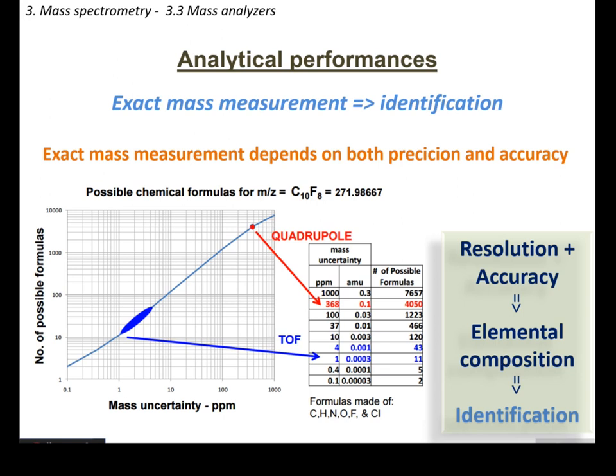And you see that with the precision of the quadrupole, there are many raw formulas, more than 4,000, that could match. But with only 1 ppm of accuracy, you only have 11 raw formulas that can match this accuracy.